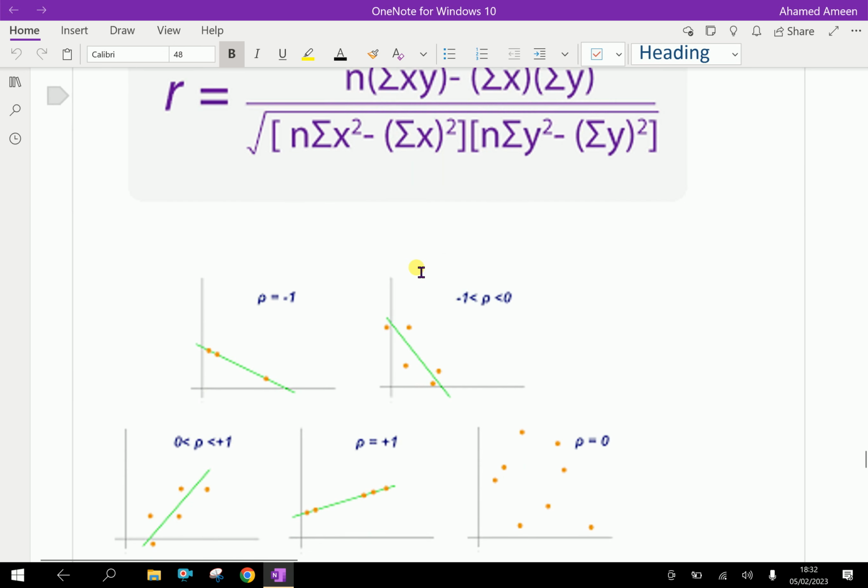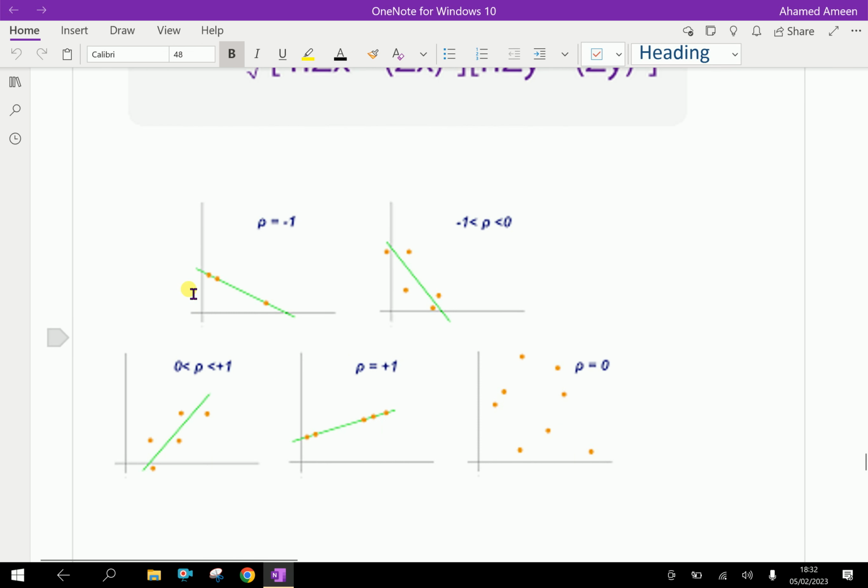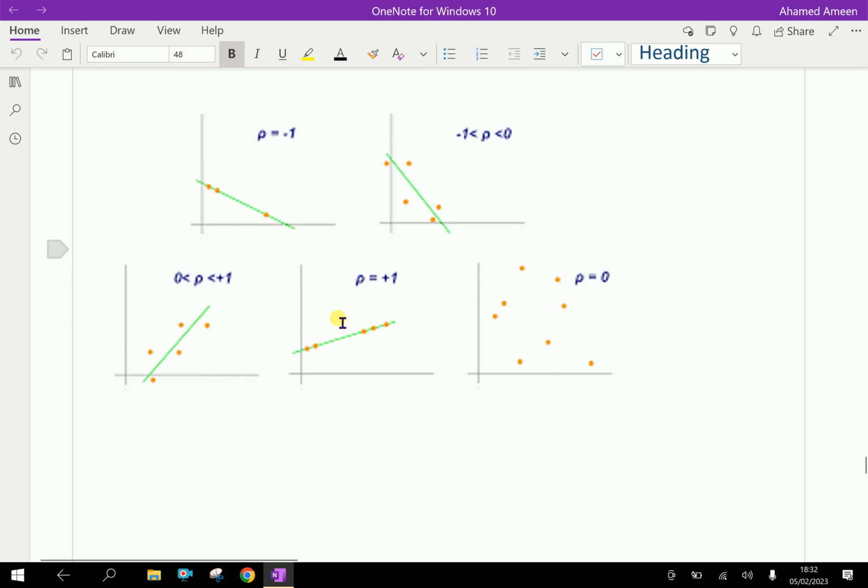If r is negative, it is called negatively correlated. If it is between minus 1 and 0, it is negatively correlated, and if rho is greater than 0 and less than positive 1, it is positively correlated. Here r is positive 1, a positive correlation, and this is a negative correlation.